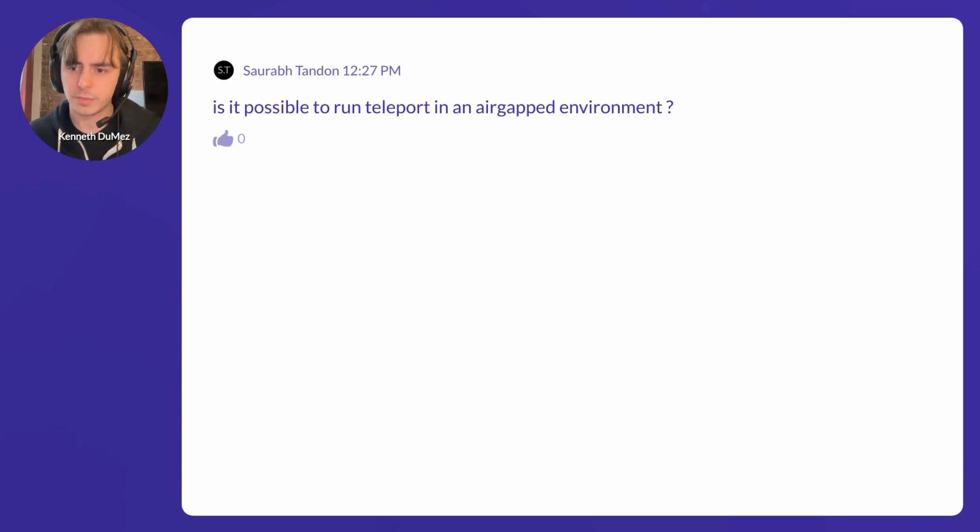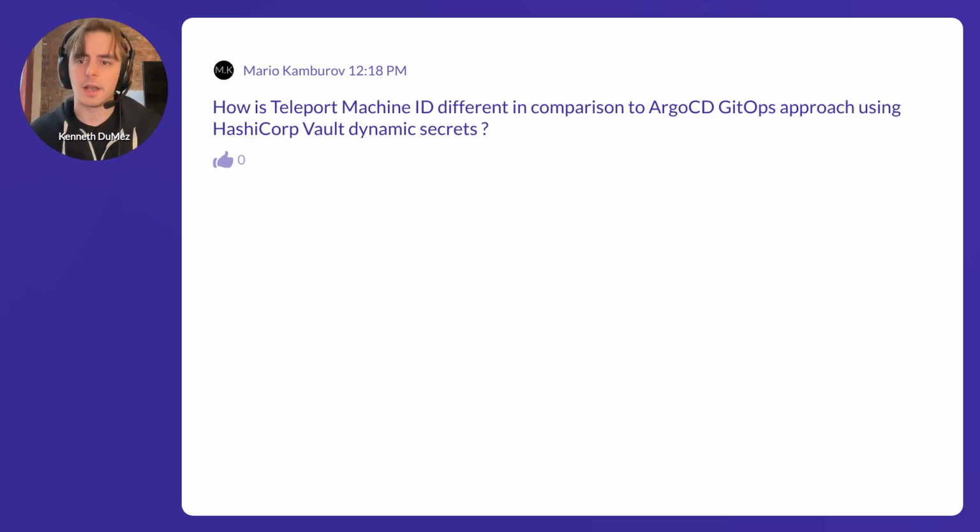So how is Teleport Machine ID different in comparison to Argo CD GitOps approach using HashiCorp Vault dynamic secrets? So Teleport's approach is a little bit different because it acts as its own certificate authority, and HashiCorp's Vault dynamic secrets are similar, but they don't have that level of granularity with the identity baked in to the X509 certificate.